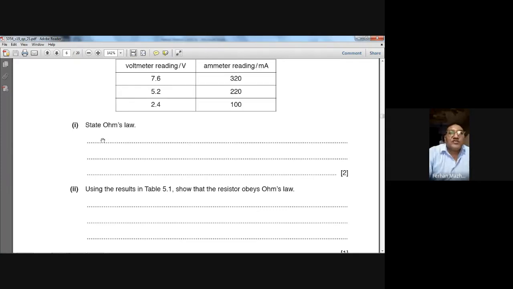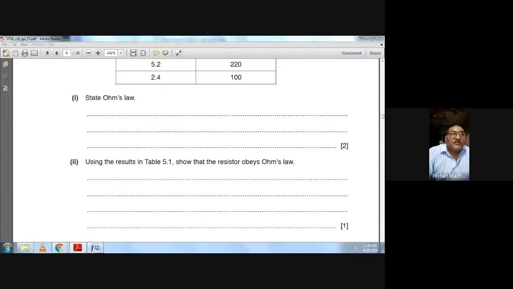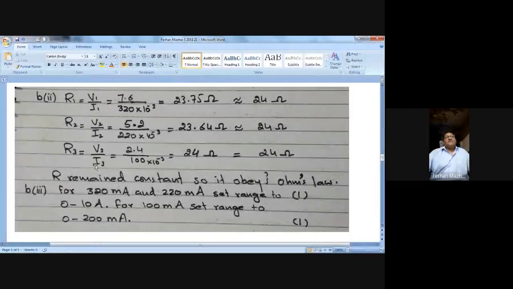I have done this on paper also. On your screen, you can see B second part. I just calculated R1. I got 23.75 ohm, approximately 24 ohm. R2 was 23.64 ohm, approximately again 24 ohm.